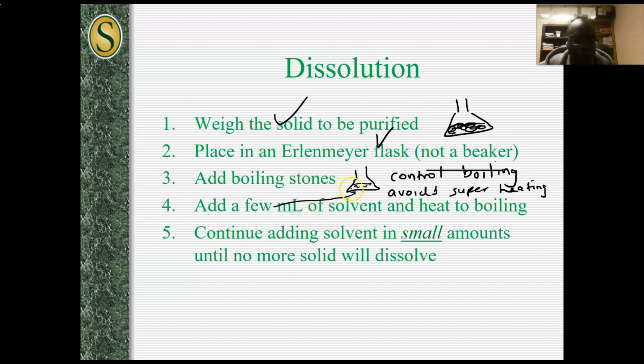You don't want this liquid bumping out. That's why we use boiling stones. It's a safety measure. So you continue adding small amounts of solvent while you heat. You only stop adding solvent when there is no more cloudiness. All you'll be seeing are specks of undissolved carbon.